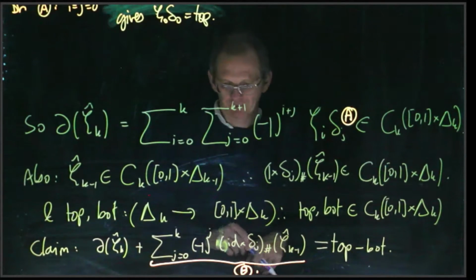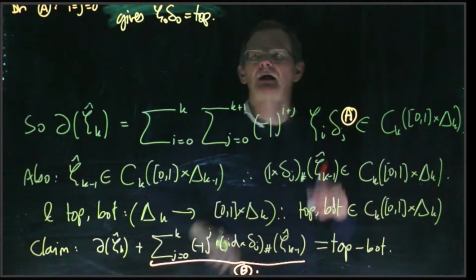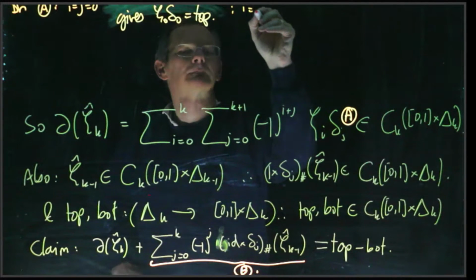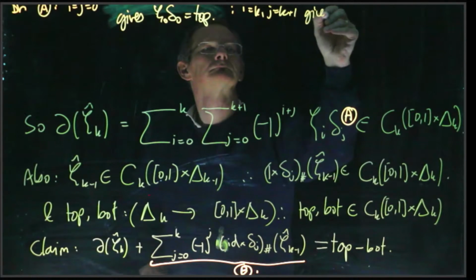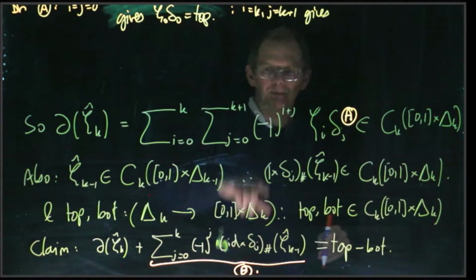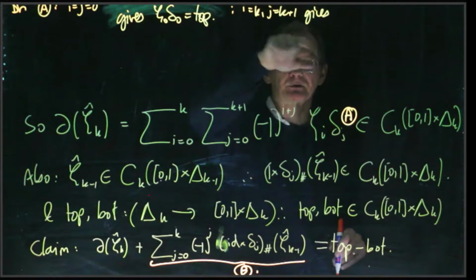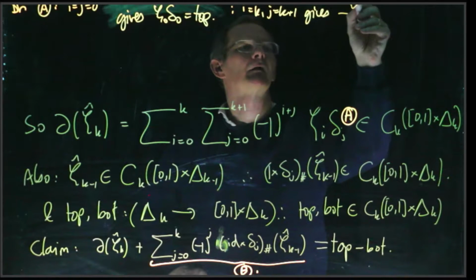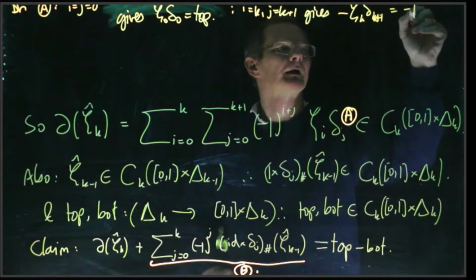Whereas if we do the last case here, i is k, j is k plus 1. So what's the plus or minus sign? Here you've got i plus j. That's 2k plus 1, which is odd, so that's a minus sign. You get minus zeta k delta k plus 1, which is minus the bottom.